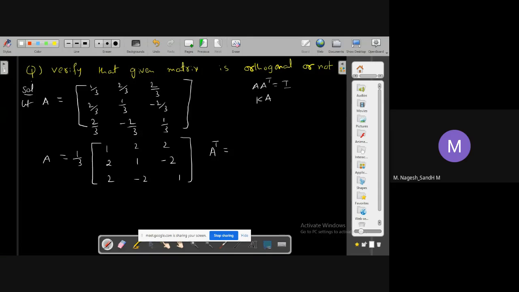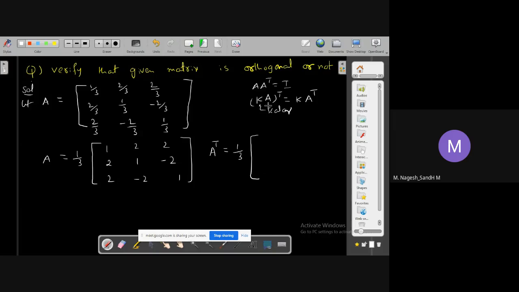For example, k into A transpose, where k is some number. K is a scalar, scalar means a number, and A is a matrix. So the transpose of k into A is k into A transpose, not 1 by k. Based on this, 1 by 3 transpose is 1 by 3 only. Don't make it 3, otherwise your answer will go wrong.